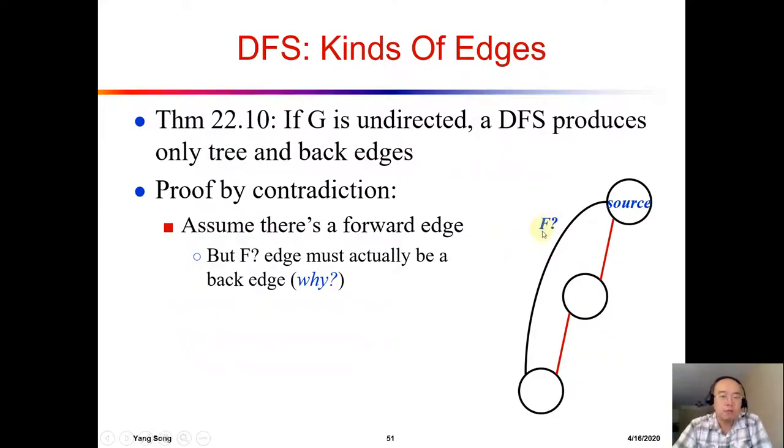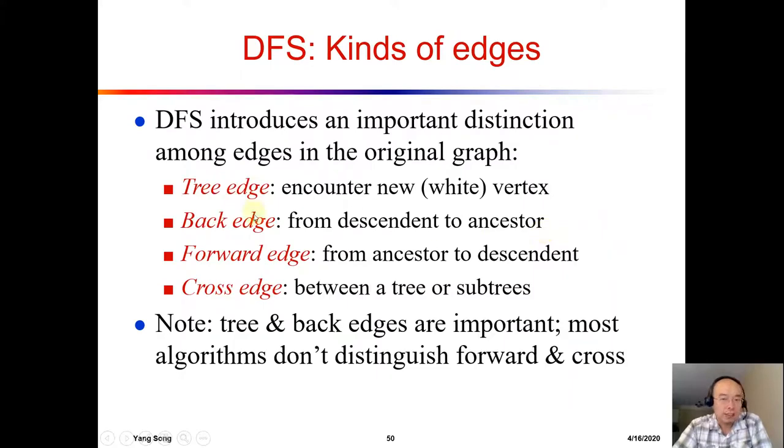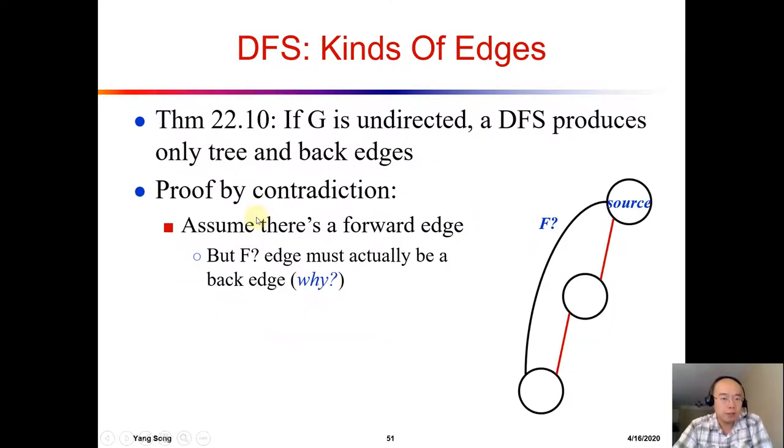No, because we will take that as a back edge. The theorem says there shouldn't be any forward edge or cross edge if you're doing DFS in an undirected graph. We wanted to give a counterexample, but we failed because this won't be taken as a forward edge. It will be taken as a back edge.